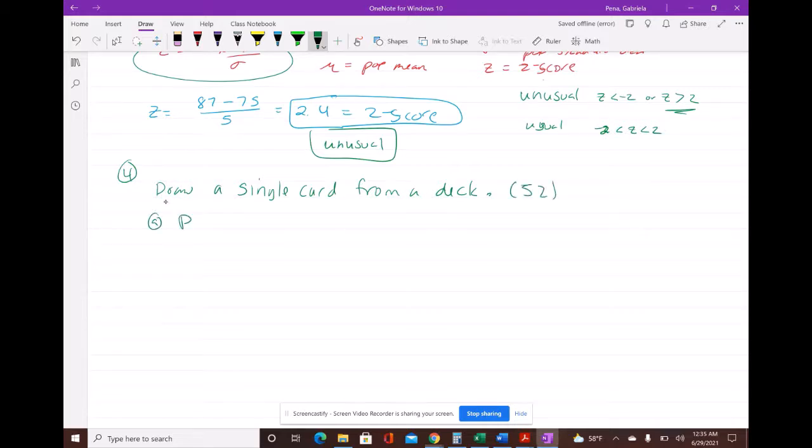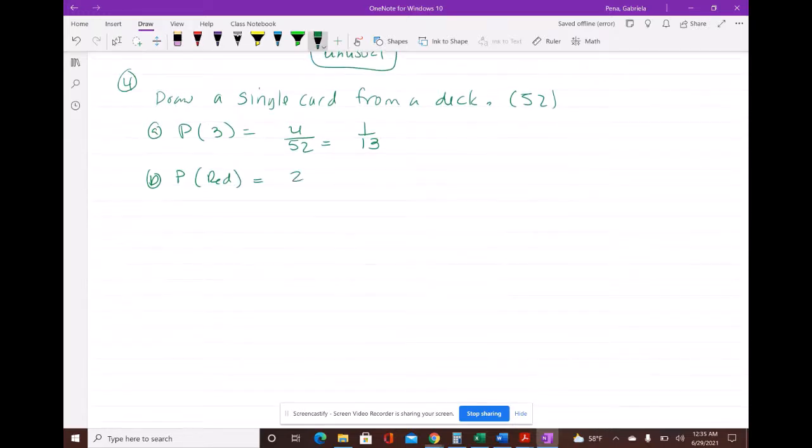What is the probability that you get a 3? How many 3s are there? 4 out of how many? 52. This reduces to 1 over 13. But what if I want the probability of red? How many red cards are there? 26 out of 52. That is 1/2.